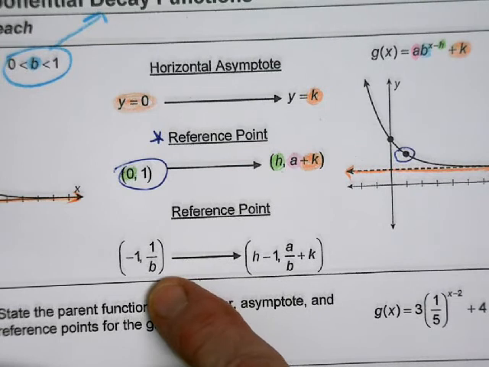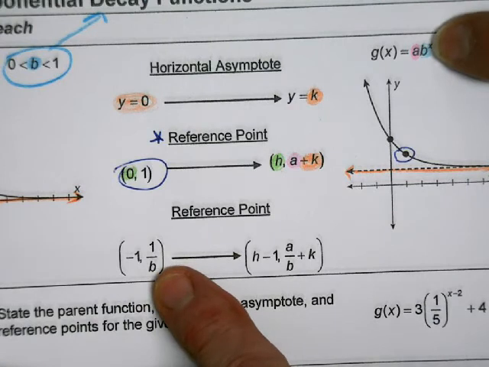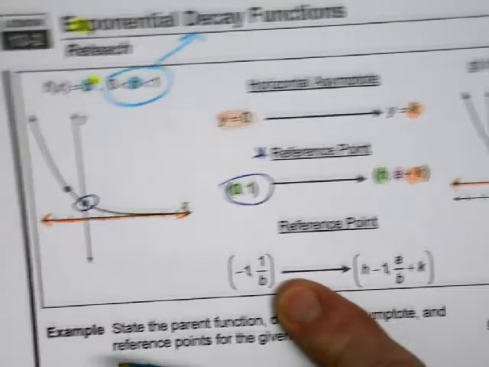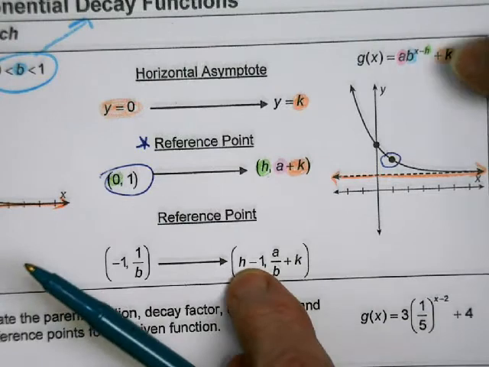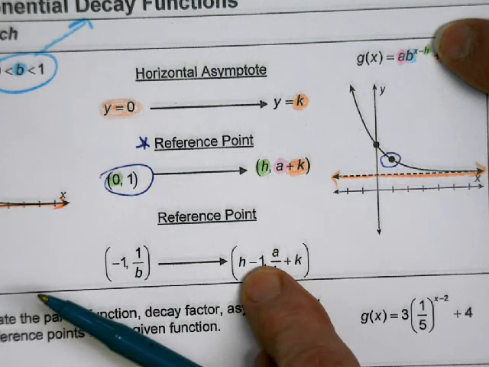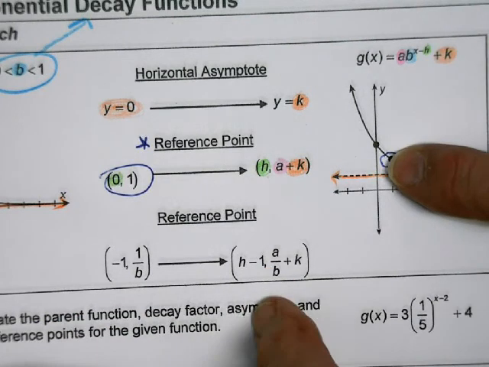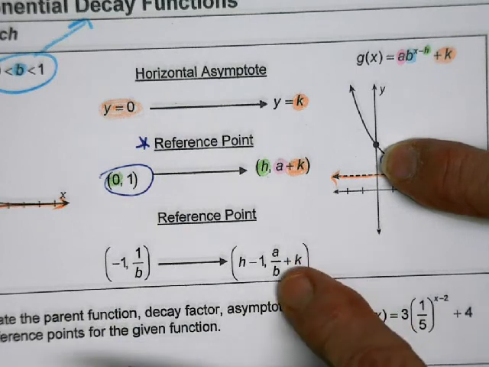Now, if you want to, you can use a second point. But it's quite the gymnastics with the numbers. So whatever this base is, you have to take the reciprocal of. That ends up being this point over here. And then you have to take your transformed h, take away 1 because we want to back it up to where it's larger.